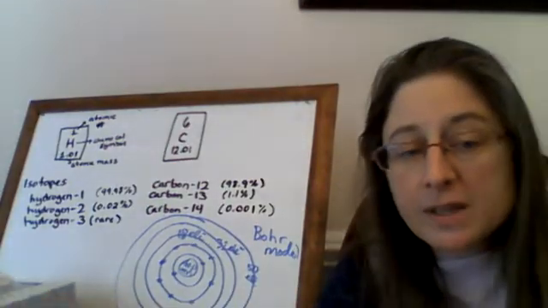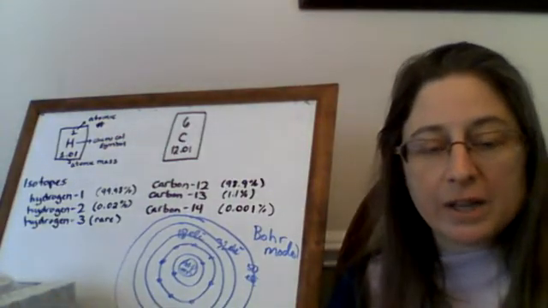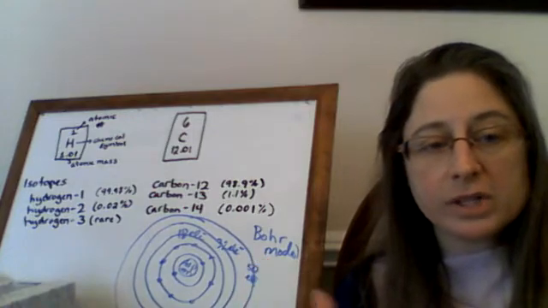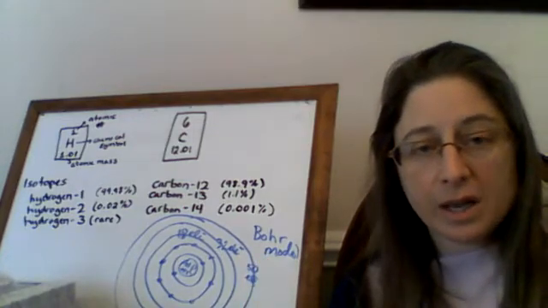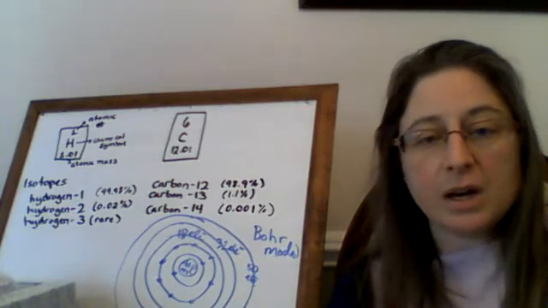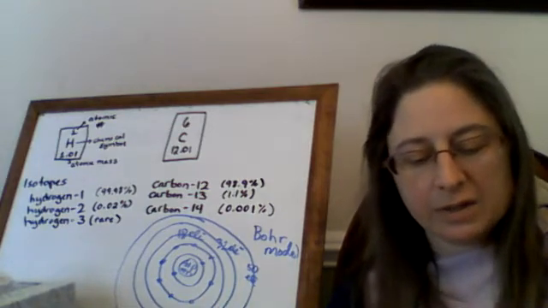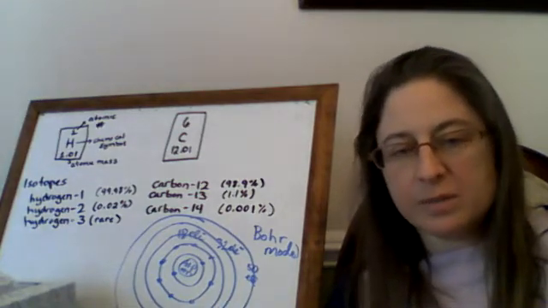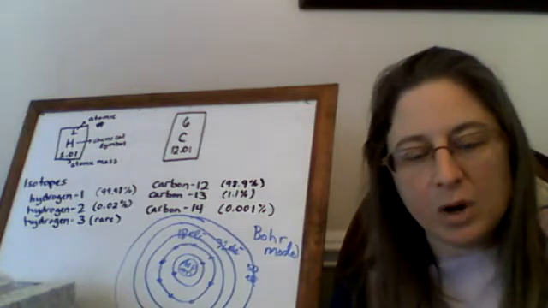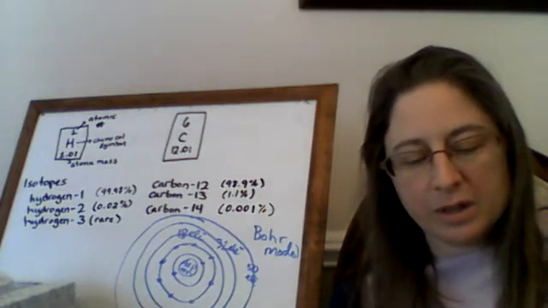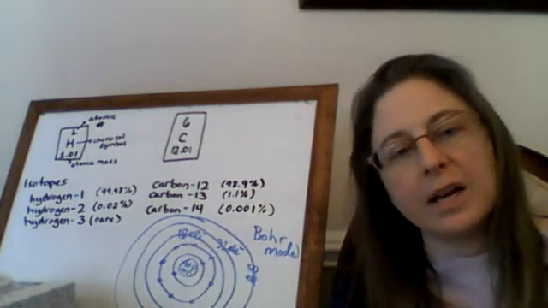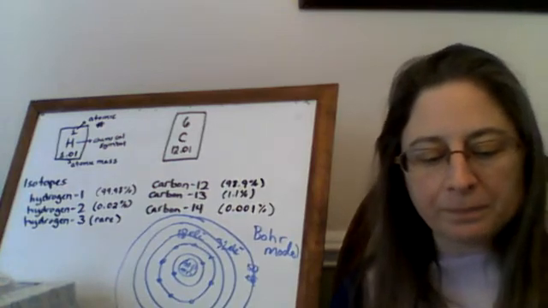It's nitrogen. So when carbon-14 undergoes beta decay, it becomes nitrogen-14. Still the same number of things in the nucleus, but one neutron has become a proton. It will emit an electron, which then can start to orbit.